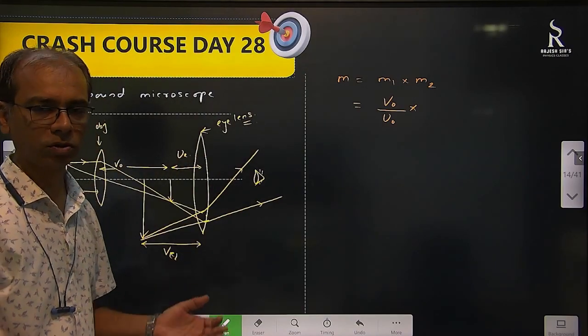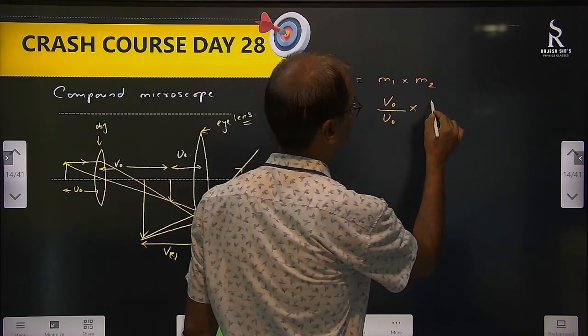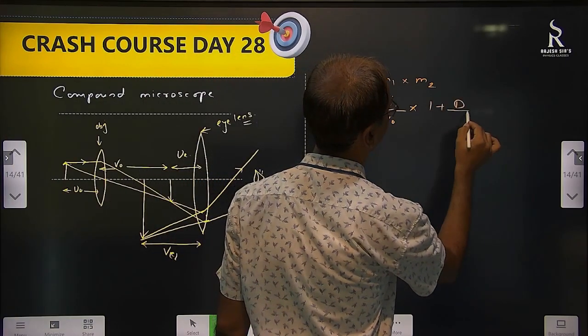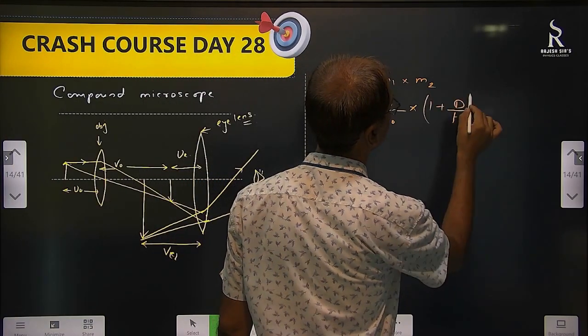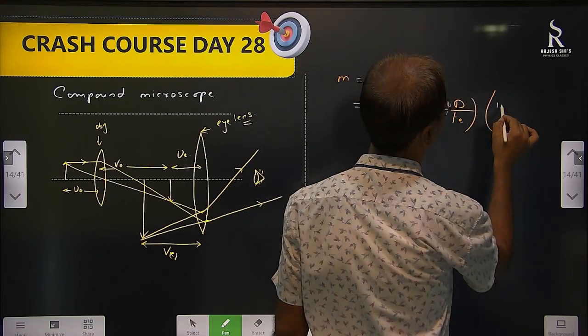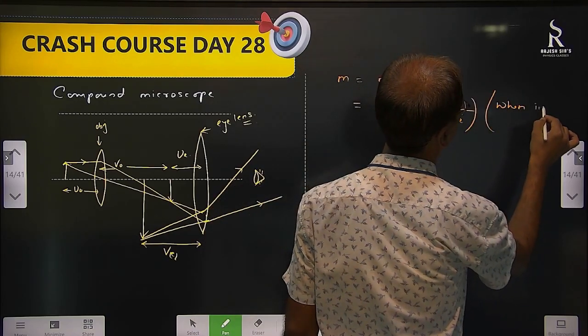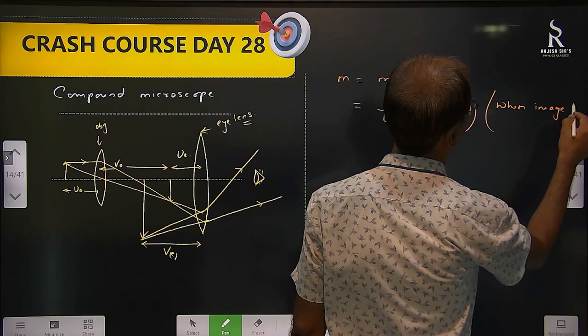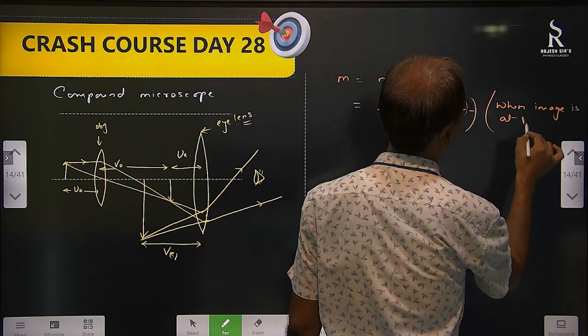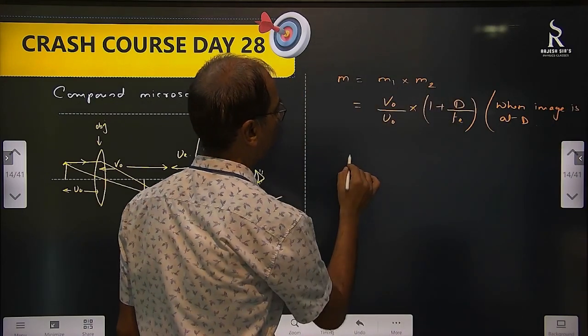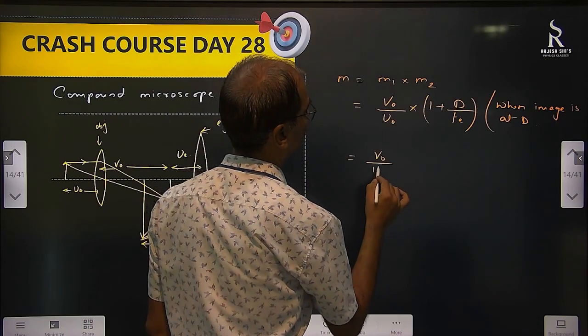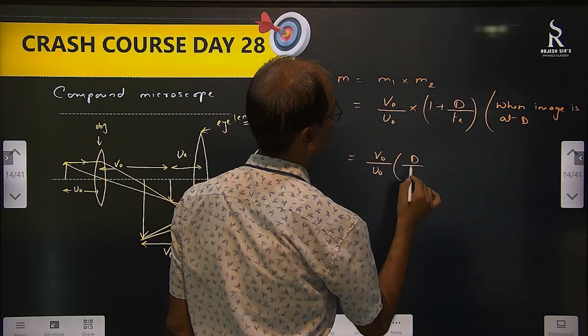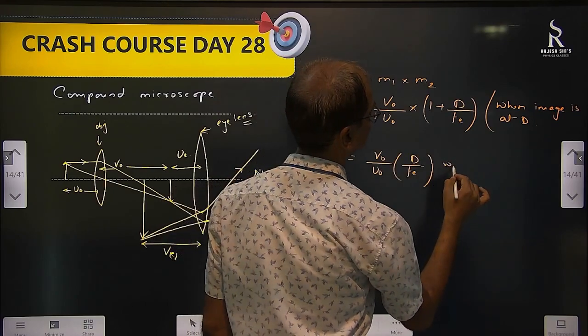Which one? Simple microscope. So 1 plus D by F when image is at D. And V naught by U naught into D by F when image is at infinity.